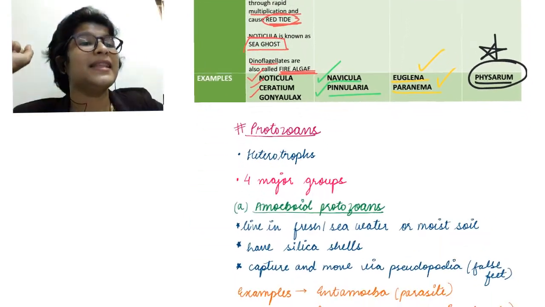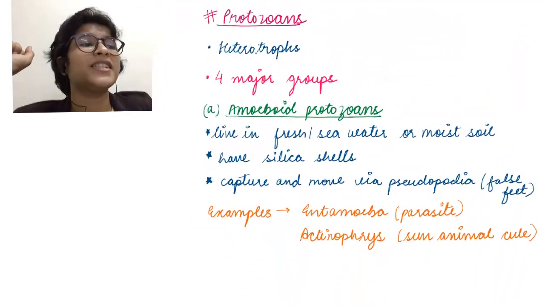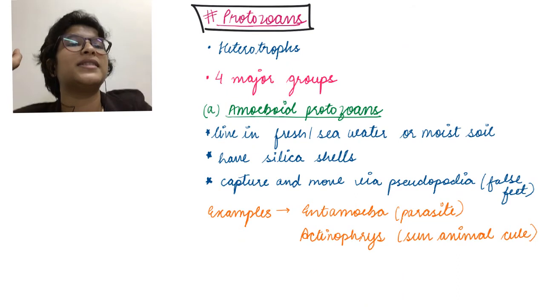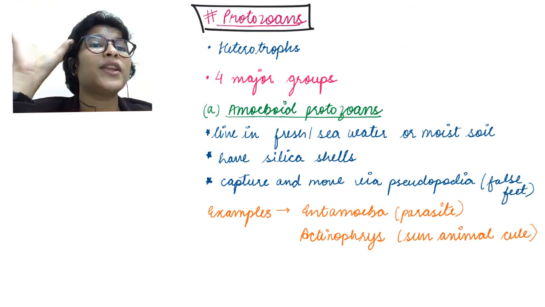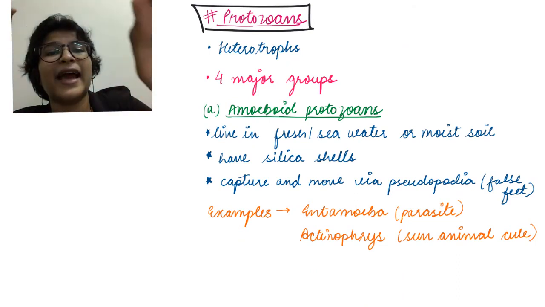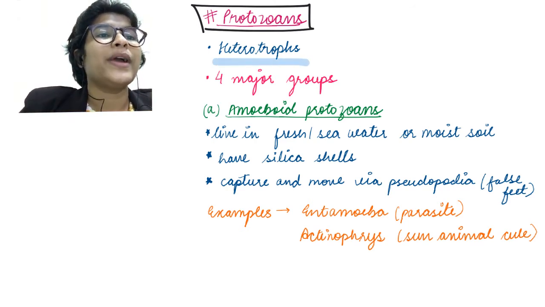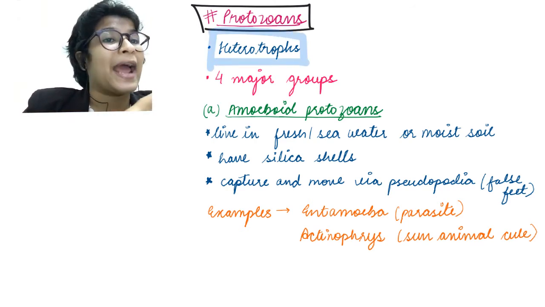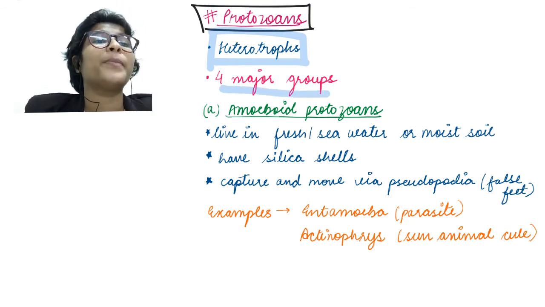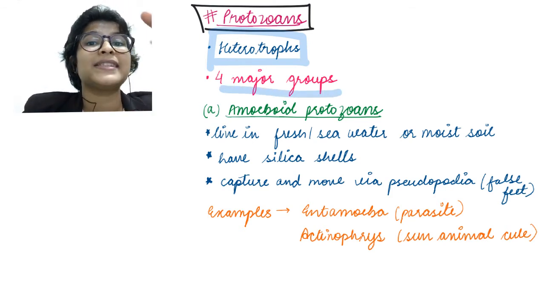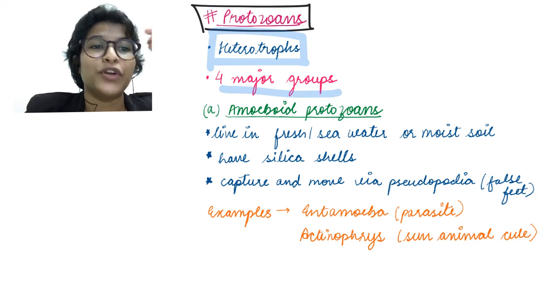Okay, the next category that we have not discussed here is protozoans, that is primitive unicellular organisms. These are the ancestors of organisms, animals. So these are heterotrophs because they are animal-like, and they have four major groups depending upon their size, shape, morphology and mode of nutrition.